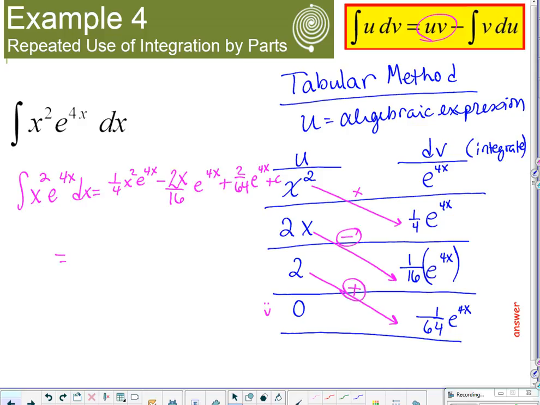Let's just do one cleanup step, reducing those fractions. x over 8, e to the 4x plus e to the 4x over 32 plus our c. Tabular method, a nice method to use.